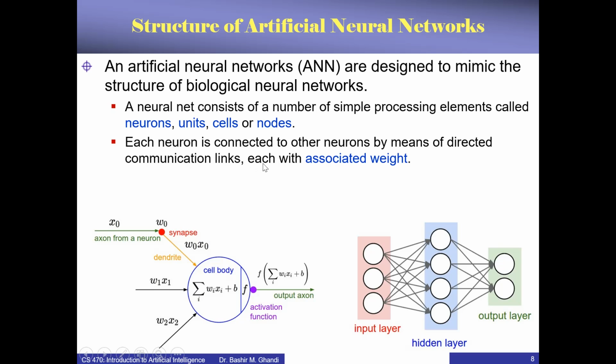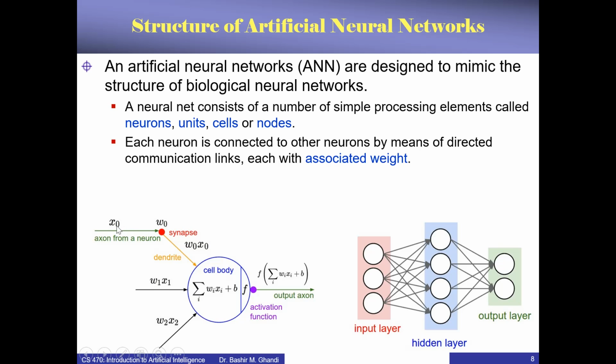Now each neuron is connected to other neurons by means of a directed communication link, each with associated weights. As you can see here, these lines are input lines coming from other neurons, and each of them comes with a certain input value, x1, x2, and so on.